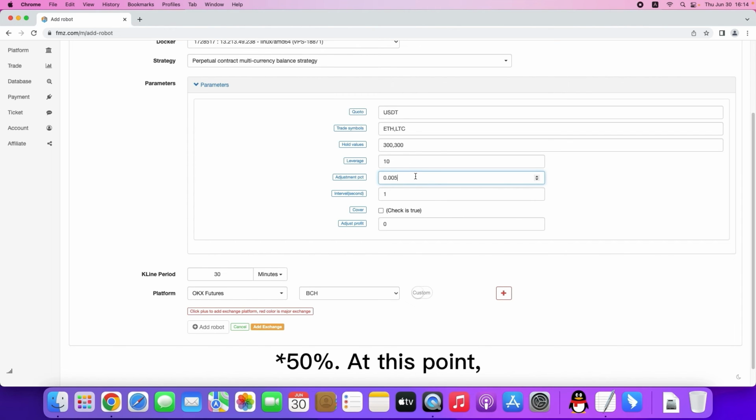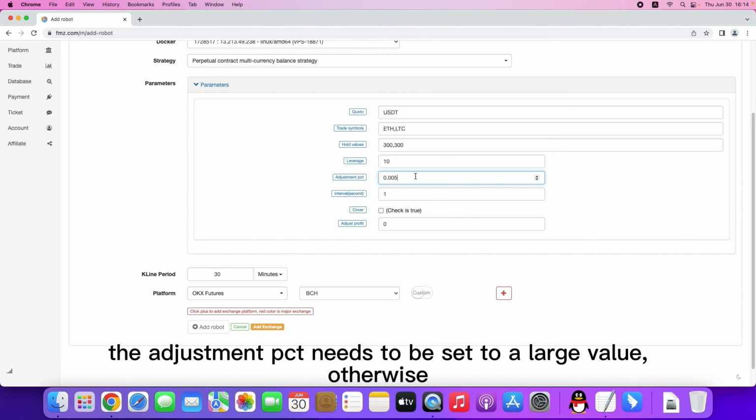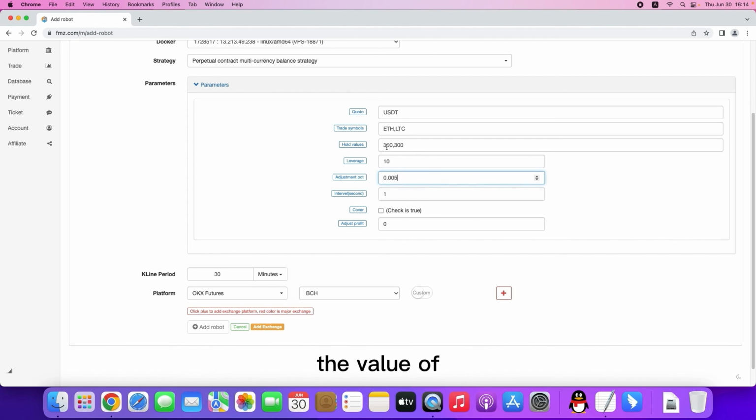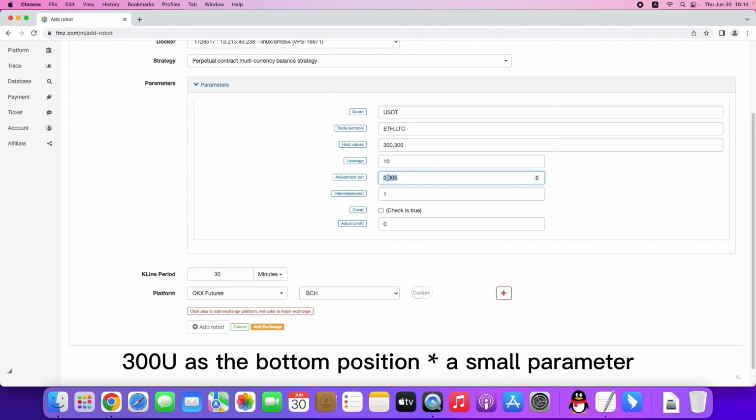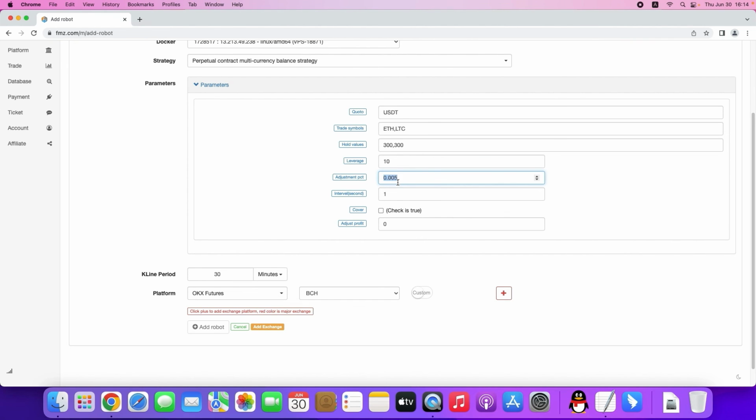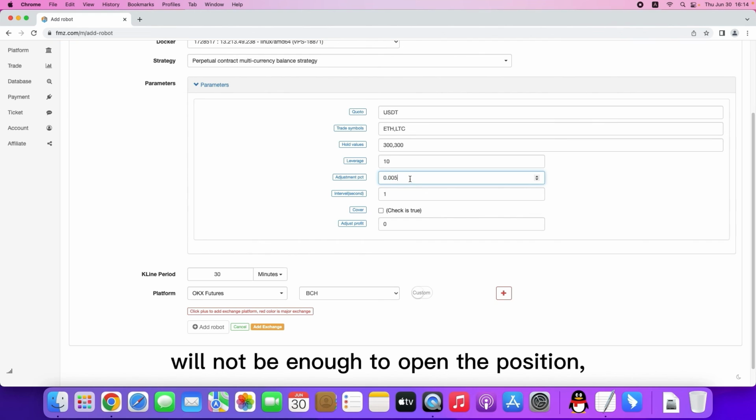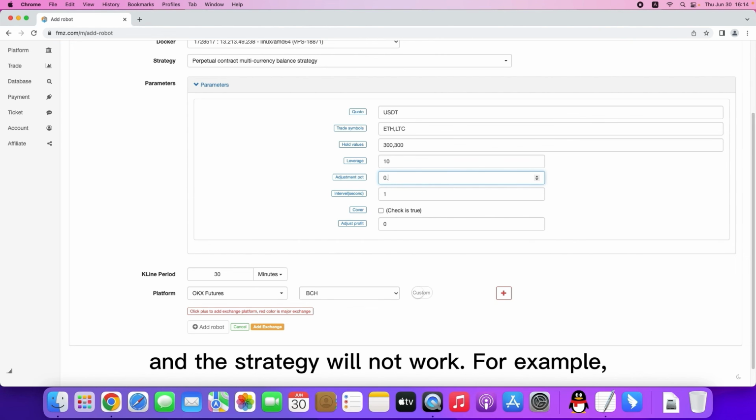At this point, the adjustment PCT needs to be set to a larger value. Otherwise, the 300U base position value multiplied by a small parameter will not be enough to open a position, and the strategy will not work.